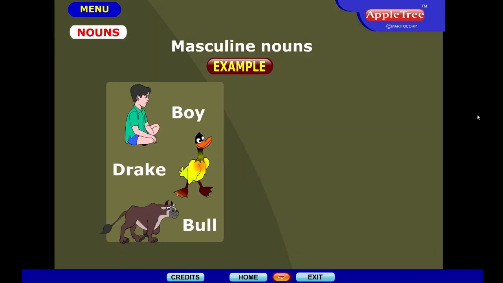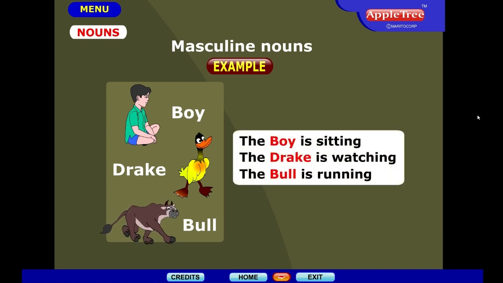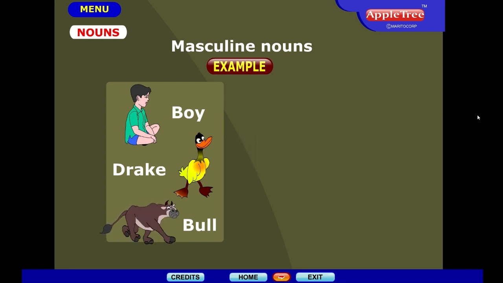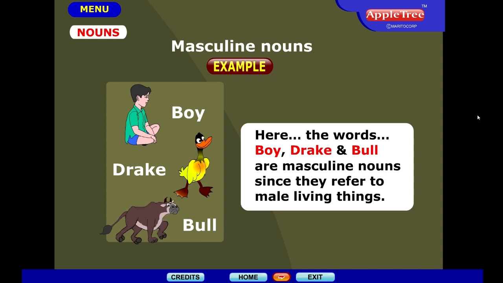Here are some examples for masculine nouns. The boy is sitting. The drake is watching. And the bull is running. Here the words boy, drake, and bull are masculine nouns since they refer to male living things.